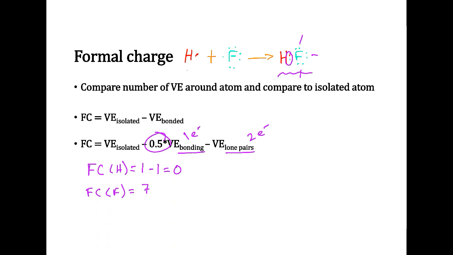And then that bonding pair of electrons only counts as 1, so that's a total of 7. So in this case, the formal charge on fluorine is 0. This was a nice case, and many times the formal charge will be 0. But let's look at a case where we might actually have a formal charge.